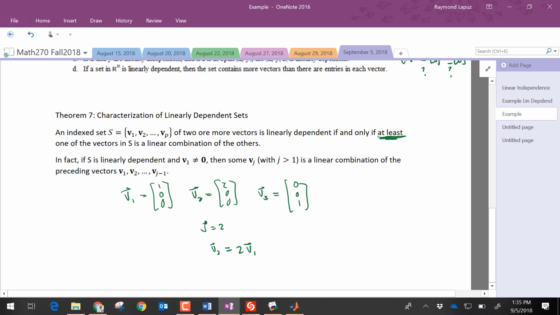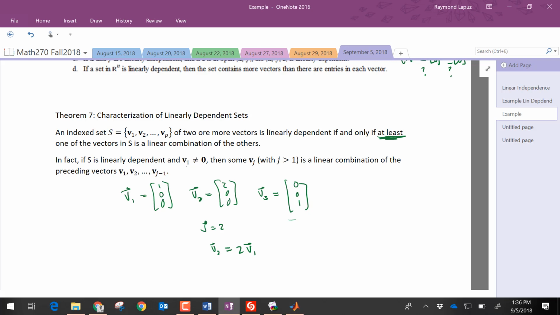And so that's what they're saying. And it doesn't say anything about anything further beyond that, because there might be some other vector, like v3 in this case, that is not a linear combination of the other two, but at least there's one more vector along the line where you can write that vector as a linear combination of the other vectors that you looked at before, but not every single vector after that.